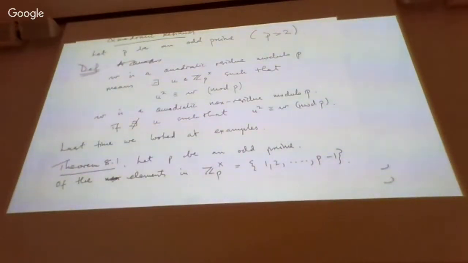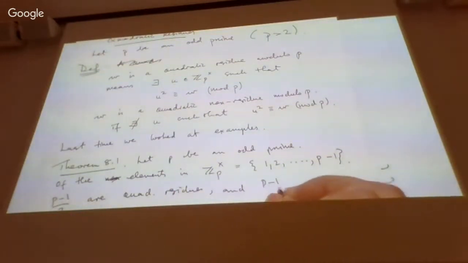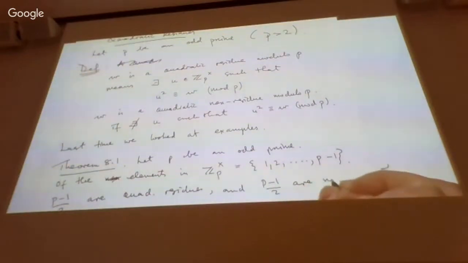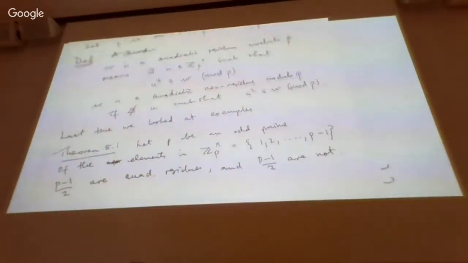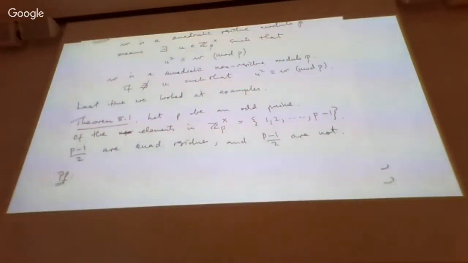Of these, P minus 1 over 2 are quadratic residues, and therefore P minus 1 over 2 are non-residues. Okay, so that's what theorem 8.1 says. It's put there in the notes, but I'll just put down the main points here. You can prove it fairly easily.